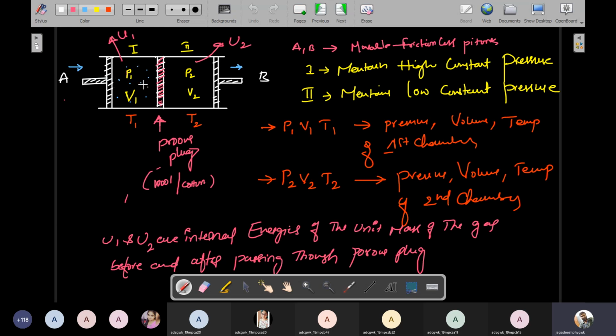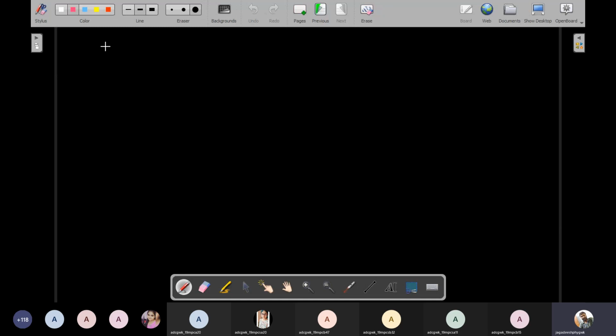I want to find out the external work done on the gas by piston A, that is, the external work done to move this piston A. So first of all, I'll write, therefore, for simplicity, I'll bypass this screen.